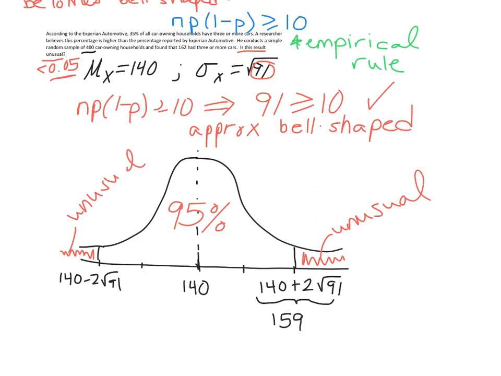All right, so in our example, this researcher thinks that the actual percentage is higher than the percentage reported. And he had 162. And 162 is in that unusual zone. All right, so it would be considered an unusual event. All right, so let's write that out.